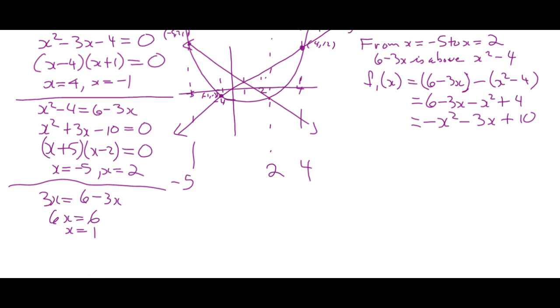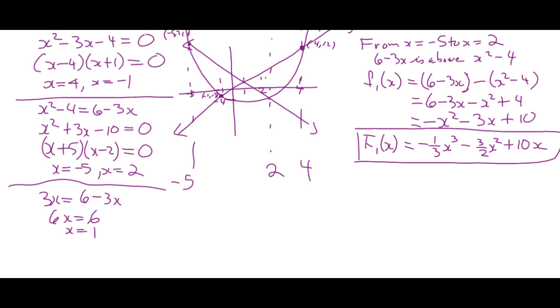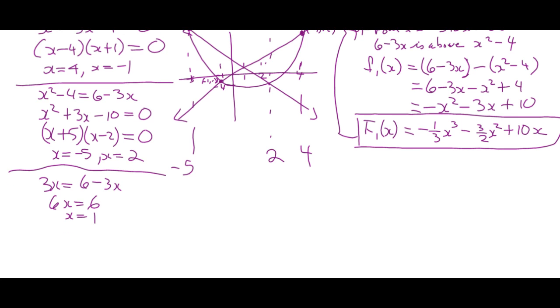Which gives our big F1 of x as negative 1/3 x cubed minus 3/2 x squared plus 10x. And remember, that's from negative 5 to 2. So we're going to work out A1, from negative 5 to 2 of this function, and we figured this is the upper, this is the lower, so we won't have to do an absolute value on this.